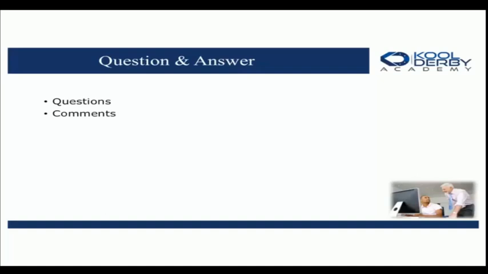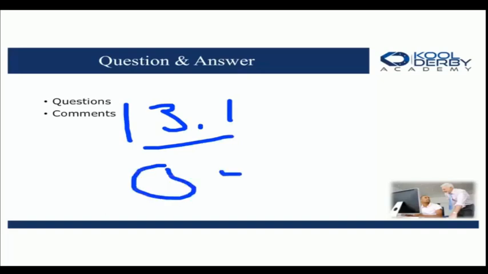For example, there's a process called identify stakeholders, 13.1. It only has one output. That's called the stakeholder register.